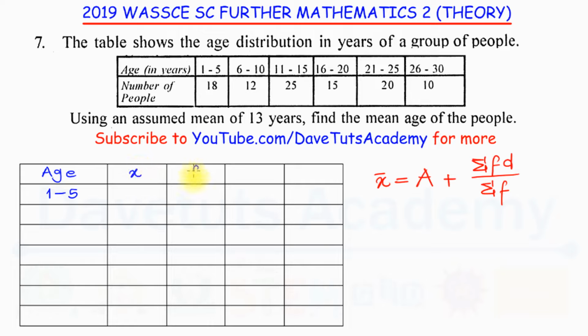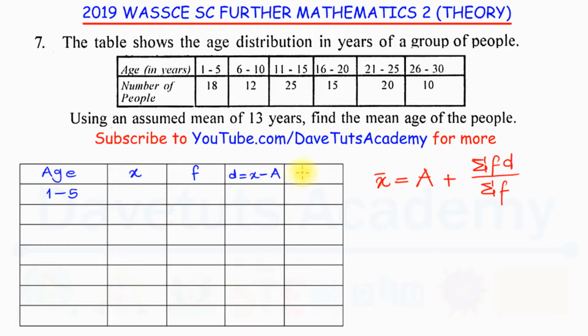Okay, then we can input the frequency, which is going to be the number of people in this particular question. Then we can find the deviation, which is defined as the difference between the class mark and the assumed mean. So it is the class mark that we got here in this second column. We are going to subtract the assumed mean that we are given as 13 years from that mark to get the deviation.